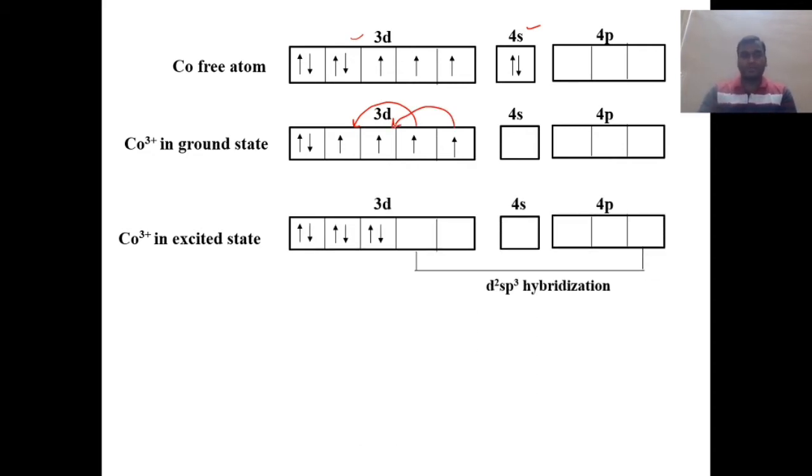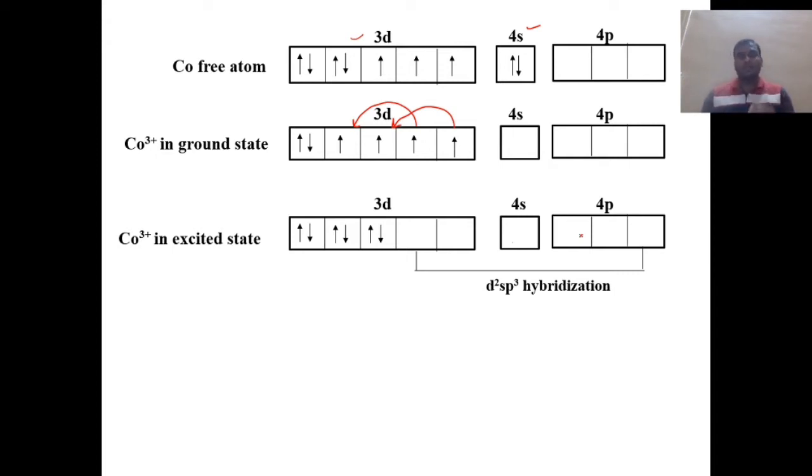This is how the pairing takes place, and there are vacant orbitals: 2 d orbitals are vacant, then the 4s and 4p. So there are 6 vacant orbitals available for bonding, 2 from the d, 1 from the 4s and 3 from the 4p. In total, 6 vacant orbitals of the metal are there.